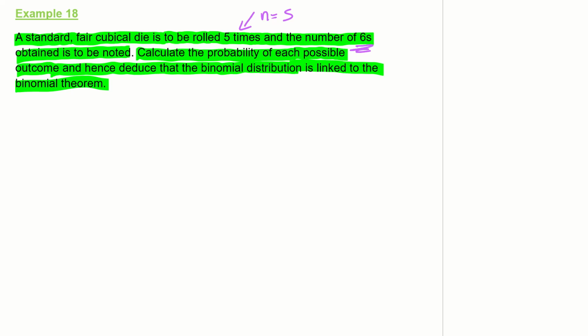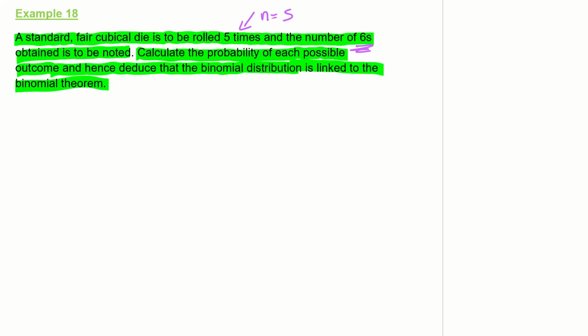So that is 5/6 times 5/6 times 5/6 times 5/6 times 5/6, or if you like, 5/6 to the power 5, and that would be 3125 over 7776.